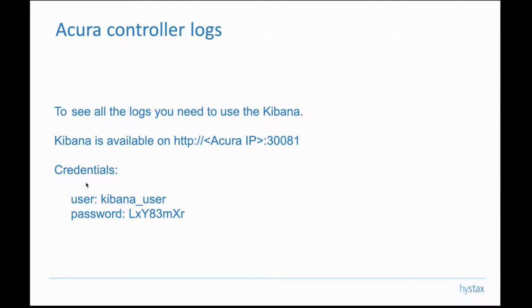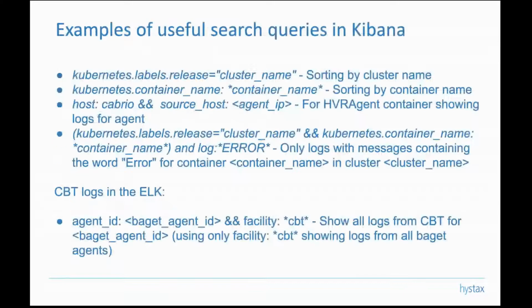And here are the credentials that are available for our users to access Kibana logs to get more information about some specific internal services, their operations or errors, or everything that's going on inside Acura.